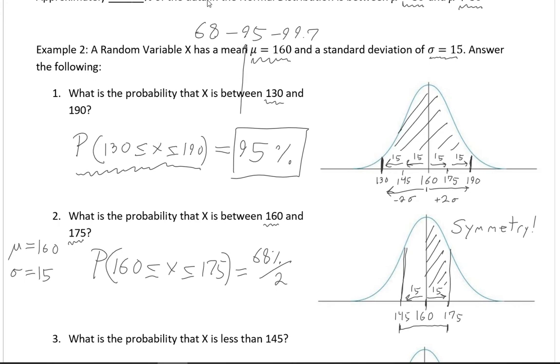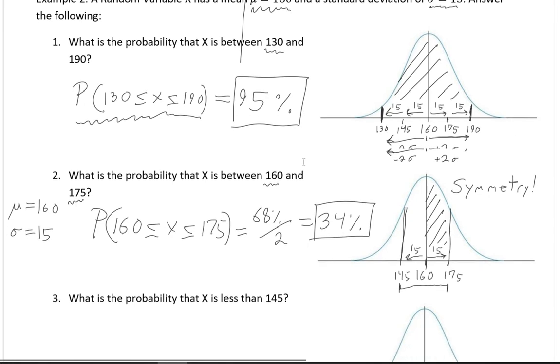Remember that because it is symmetric, the area above and below is exactly the same. So if 145 to 175 is 68%, then 160 to 175 is equal to 160 to 145. So these should be equal. If I do 68 cut in half, I get an answer of 34%. Okay, so that's another example.